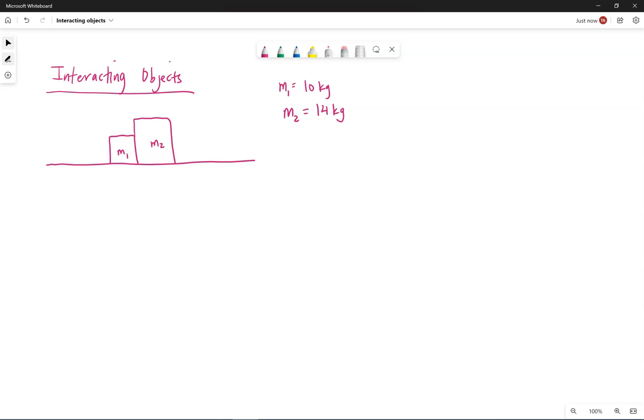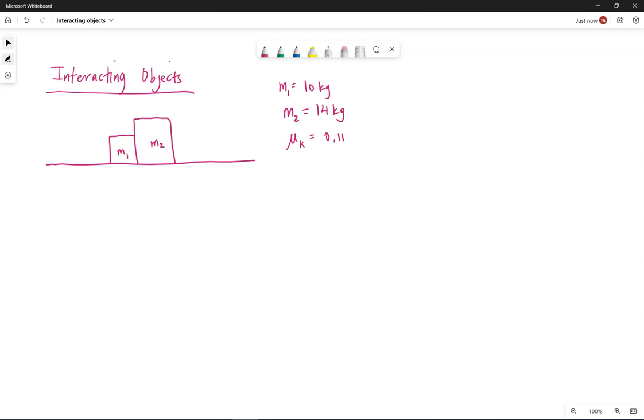Let's say also there's going to be some friction. The friction, of course, is going to depend upon the material the boxes are made of and the floor. Let's go ahead and just assume a smooth floor. So the coefficient of kinetic friction would be something small. Let's make it 0.11.